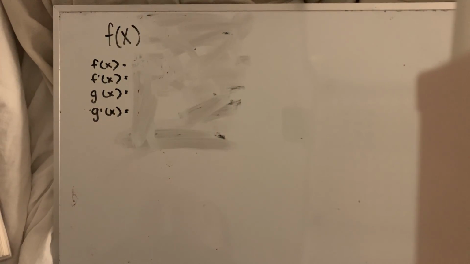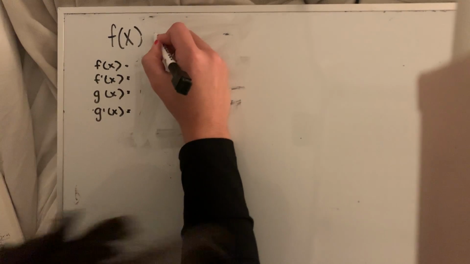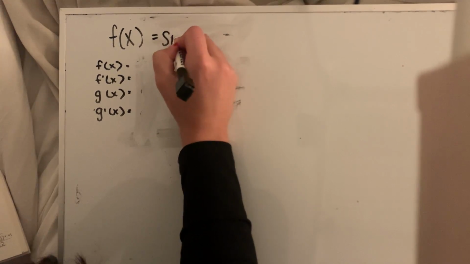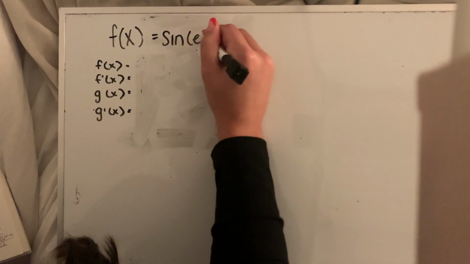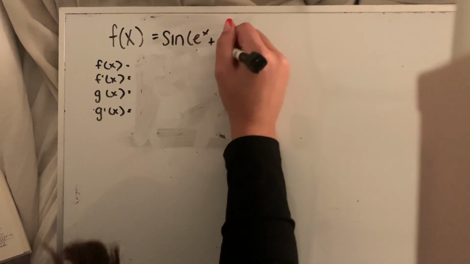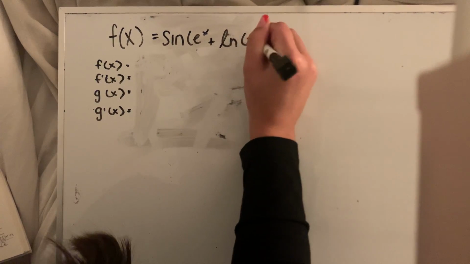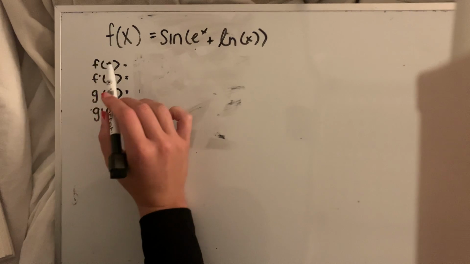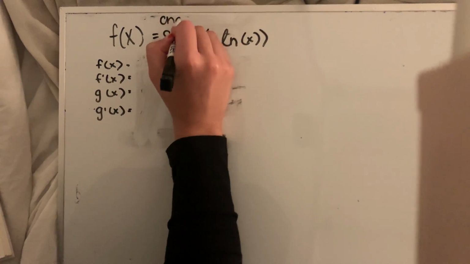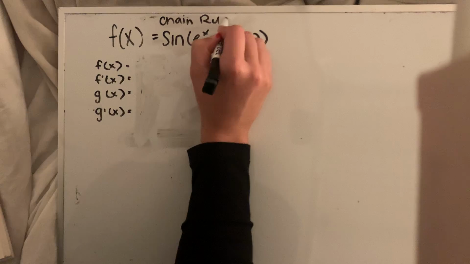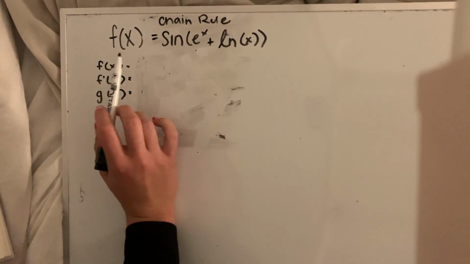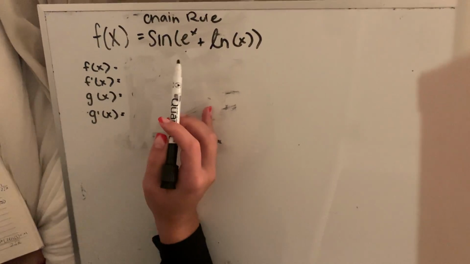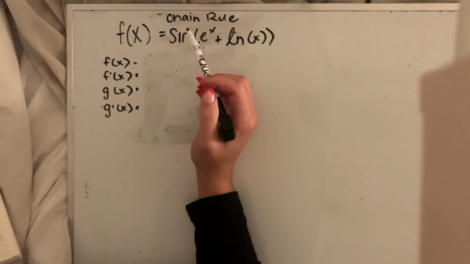For the next equation, which is sin times e^x plus ln x, I am going to use the chain rule, and I'm going to start off by finding the f of x, f prime of x, g of x, and g prime of x.